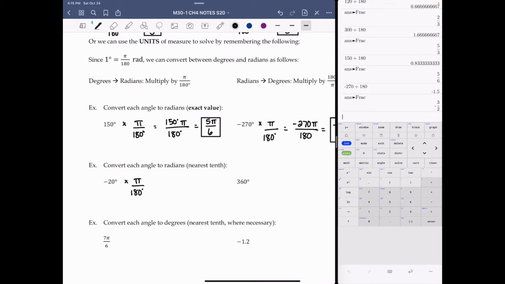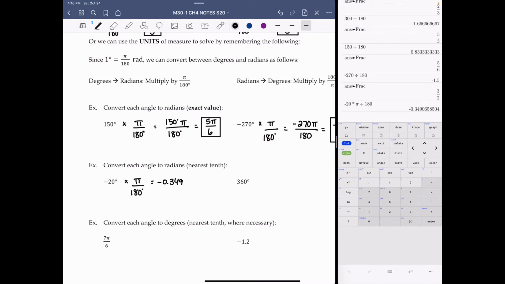So negative 20 times pi divided by 180 gives us negative 0.349 dot dot dot, and rounded to the nearest tenth is negative 0.3 radians. And again, if I saw this angle measurement, because it does not have a degree symbol, I know immediately it's in radians.